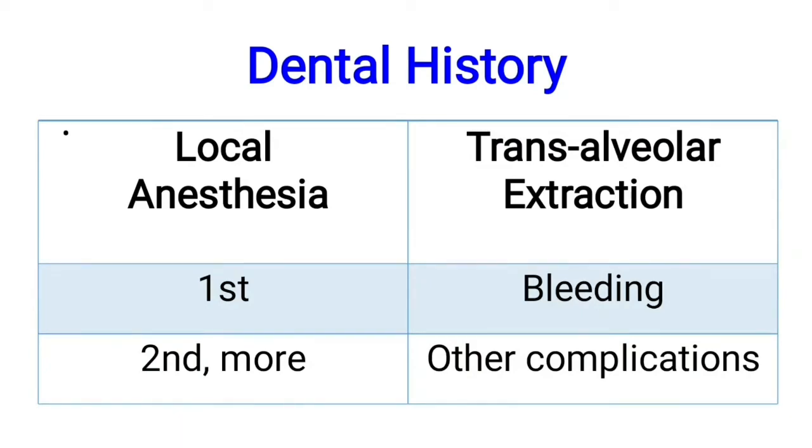For history of extraction, you should ask the patient about any complication following the dental extraction, such as bleeding. The bleeding might be caused by patient non-compliance with post-operative instructions or systemic disease. How do you differentiate? If he doesn't follow the instructions, such as continuous spitting or irrigation following extraction, so it's a local condition.